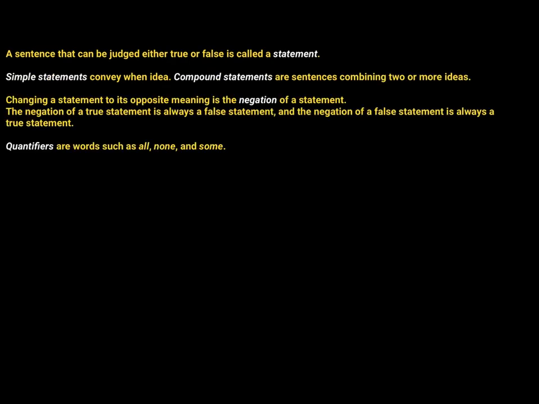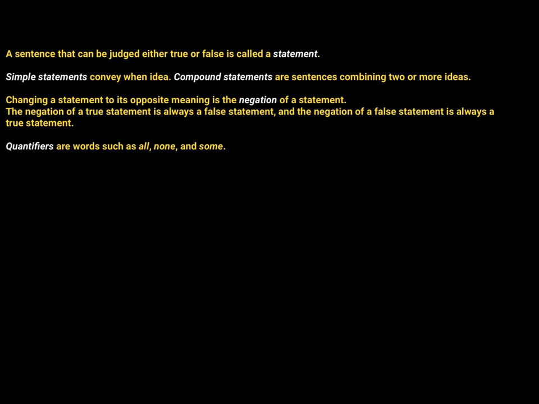So you and I are going to be looking at statements, and there are different kinds of statements. And you and I are going to have to determine, is this statement true or is it false? That's called assigning a truth value to the statement. We're going to start by looking at simple statements.